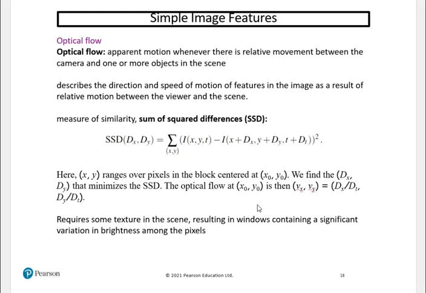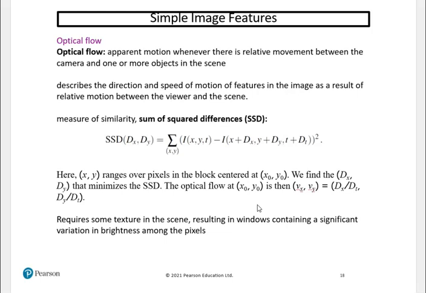So it's a measure of similarity, the sum of square differences. In this equation, x and y is the range of pixels in the block centered at x0, y0. And we find dx, dy that minimizes SSD, the sum of square differences.